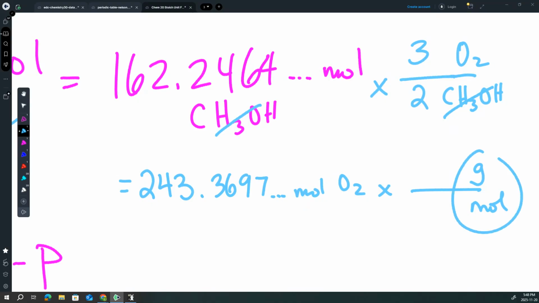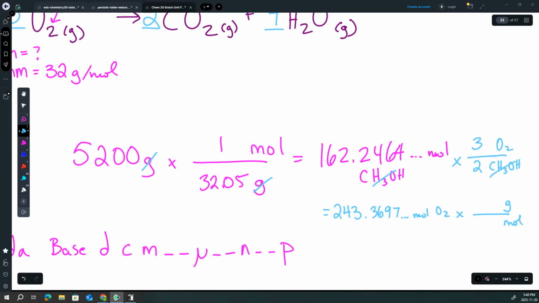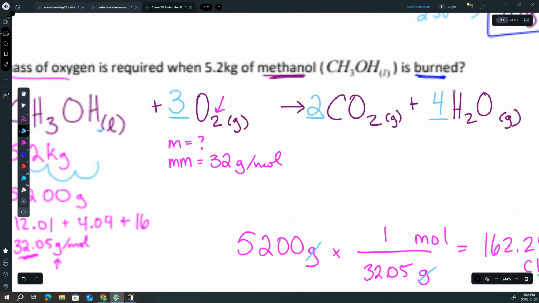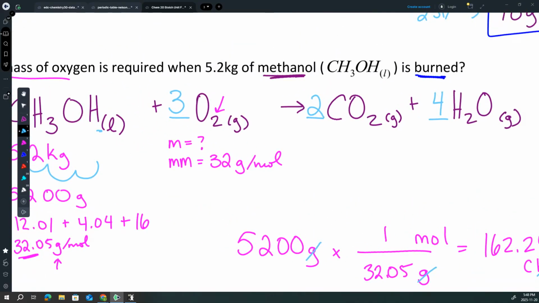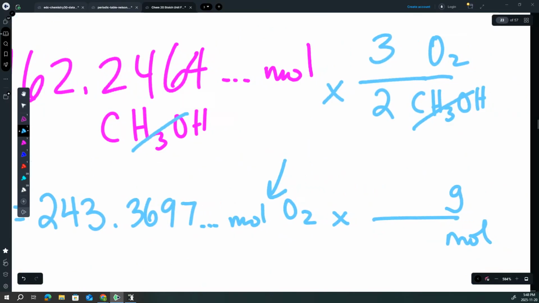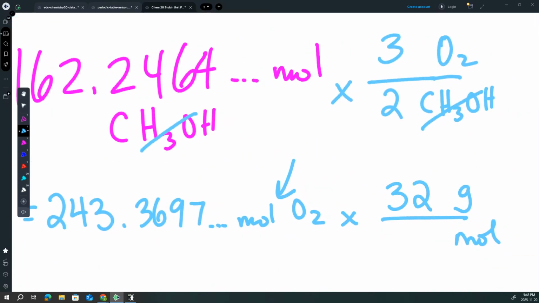All right, so what do we know that has the units grams per mole? Well, that's molar mass. So I'm going to be looking for the molar mass of oxygen because we want to multiply it with the moles of oxygen. It has to belong to the same substance just like before. So I multiply it by 32, and the 32 is going to go where the grams goes.